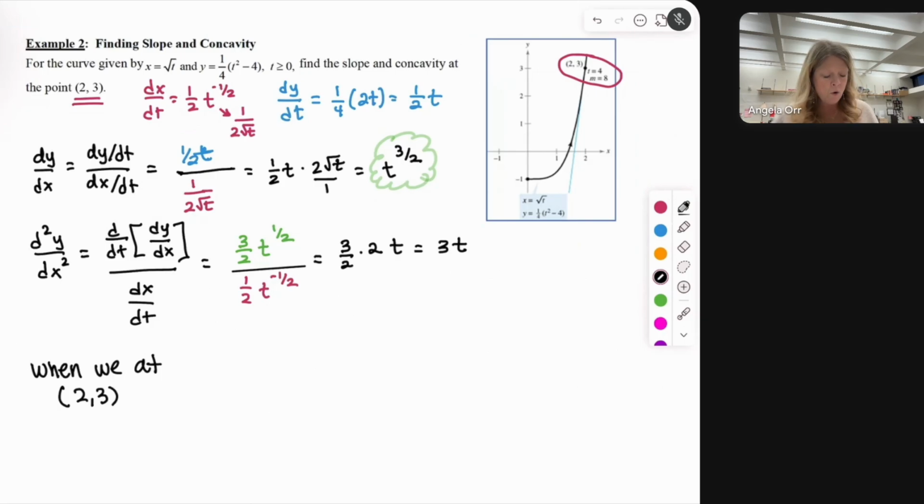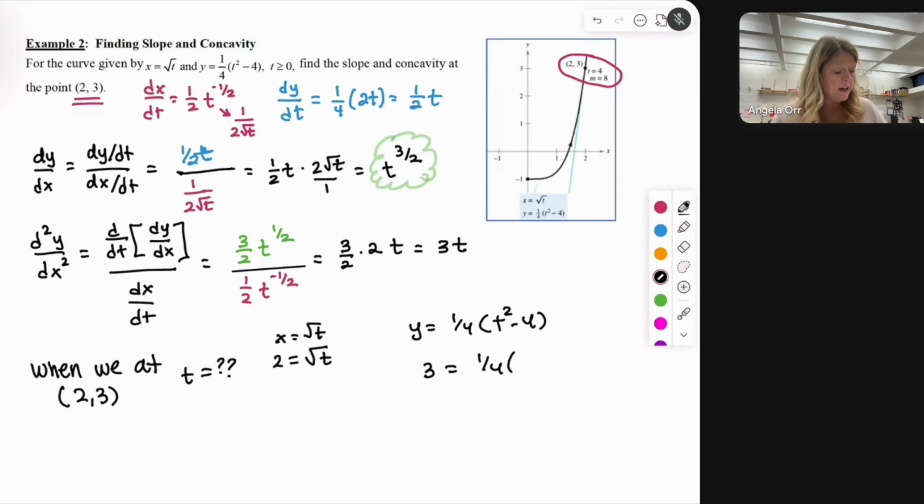I set my x parametric equation equal to the x value, so 2 is equal to the square root of t, because x equals root t. And I know that y equals 1/4 t squared minus 4, so 3 is equal to 1/4 times t squared minus 4.